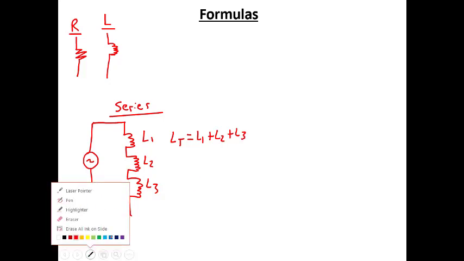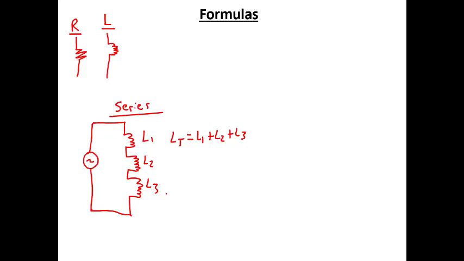Now if we remember, once the frequency is known, we can figure out the inductive reactance. So X sub L is inductive reactance, and this is similar to resistance.